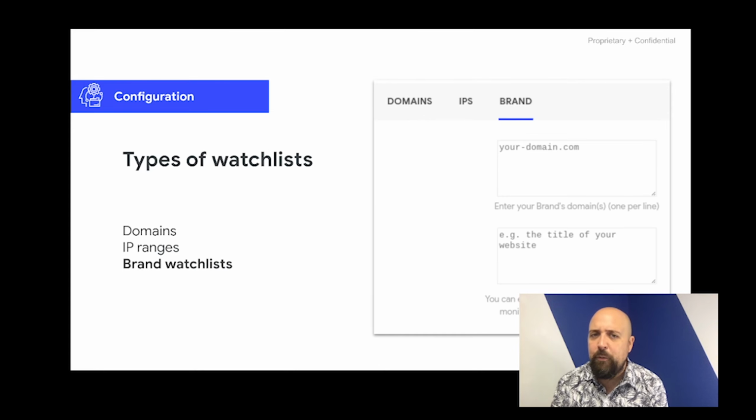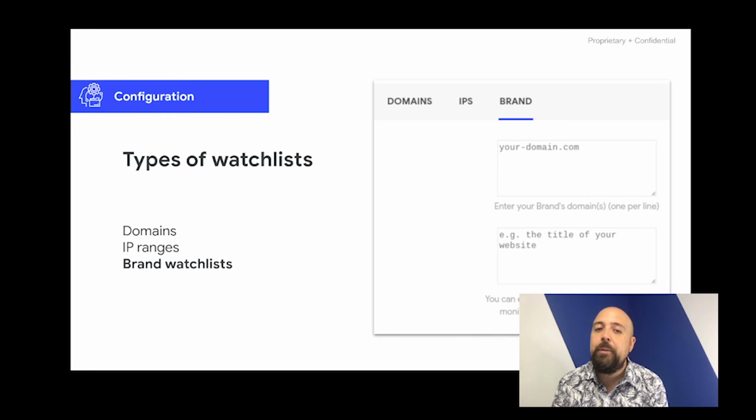The third type of watchlist is not intended to monitor network infrastructure, but your brand properties. In VT Alerts, you set up your brand with a combination of a list of domains and a list of strings and sentences. We will add more brand attributes in the future, but with just these two sets, we are already able to cover very interesting use cases, as you will see soon.